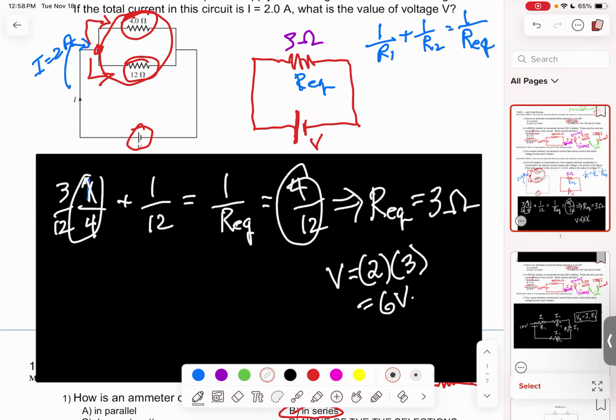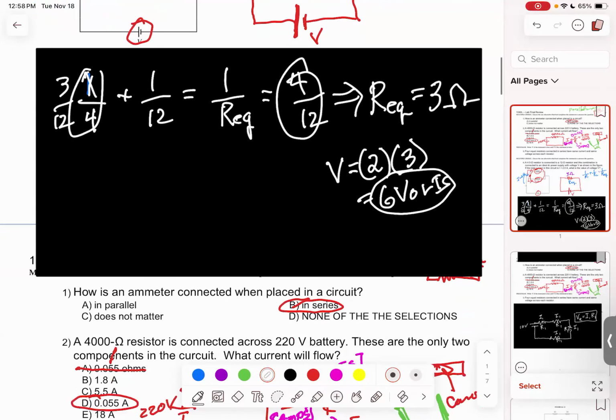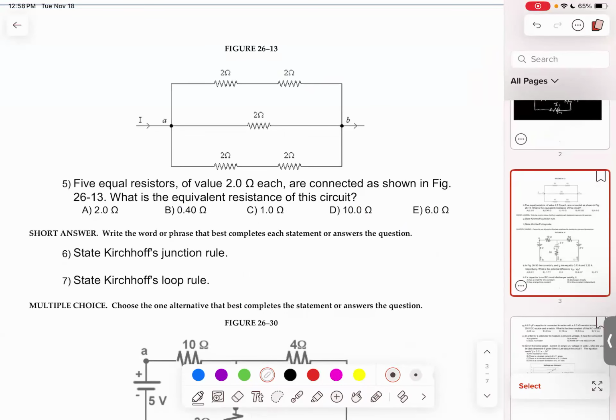And so there should be 6 volts being pushed out of that battery. All right, next problem.